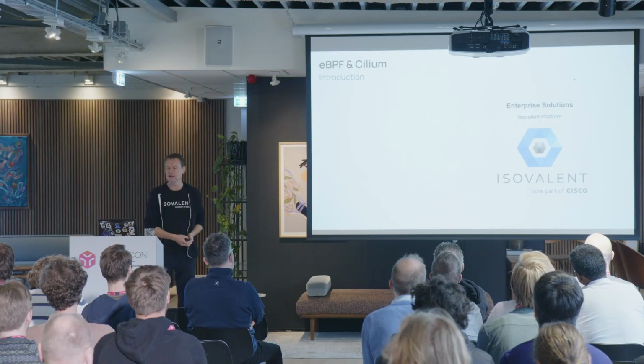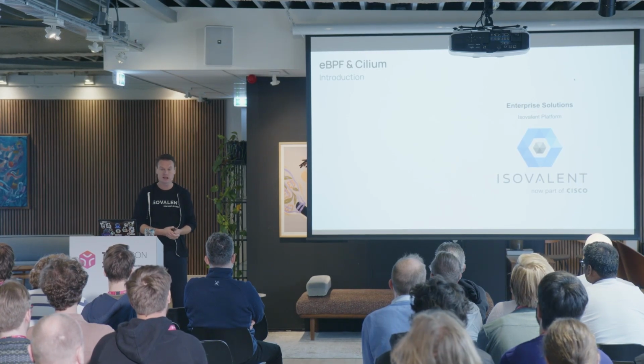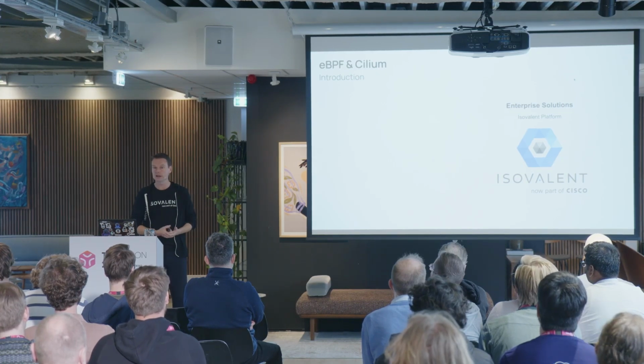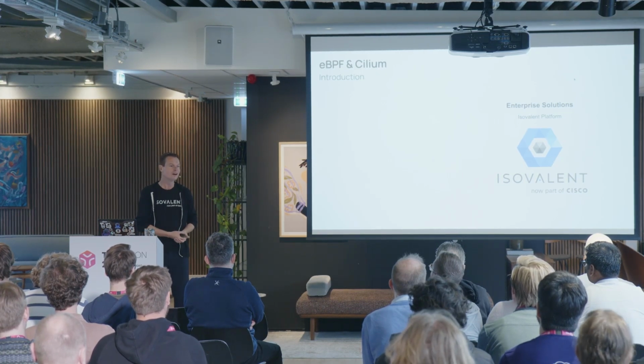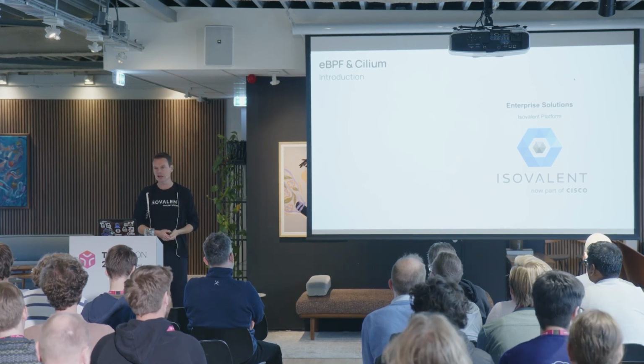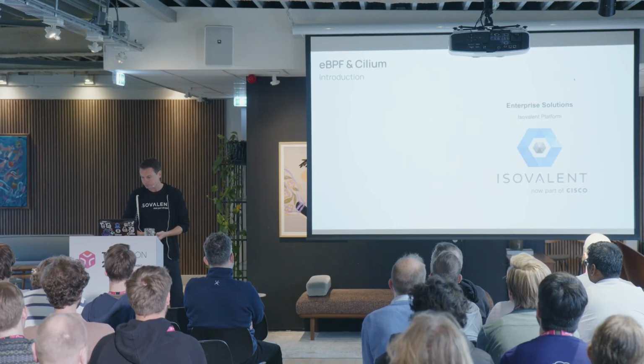So eBPF and Cilium. Isovalent is a company founded by the creators of Cilium about 8 years ago, donated it to the CNCF, and we're still contributing 70%-ish of current Cilium features today. So we are still supporting that open source project, but obviously we also have an enterprise solution based on that technology.